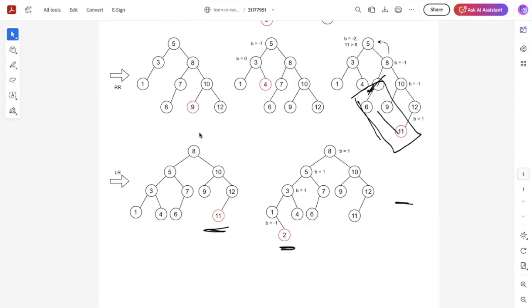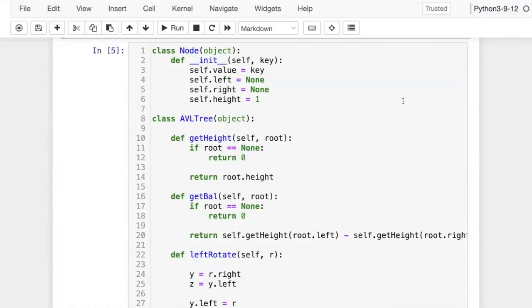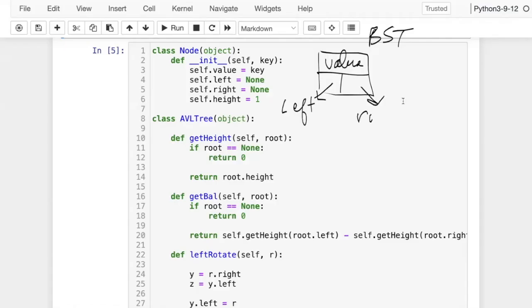Now, let's look at the Python implementation. First, we augment the node structure. This is the BST node structure. You have the value, and a left pointer and a right pointer going to its two children.